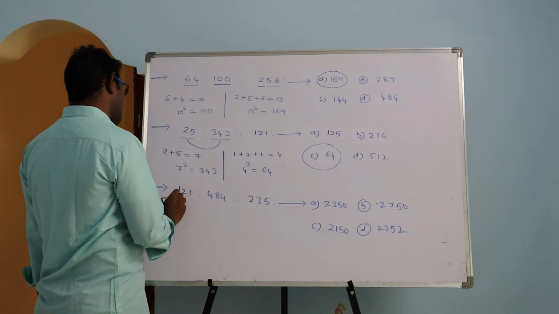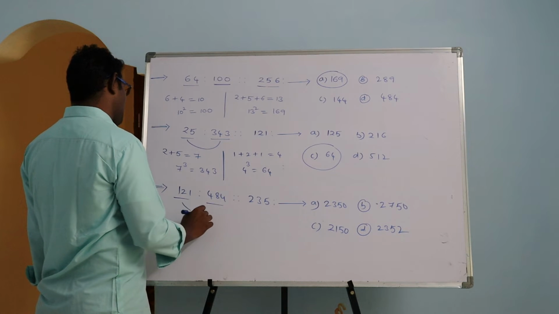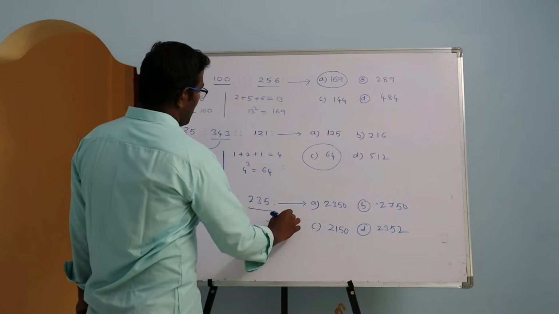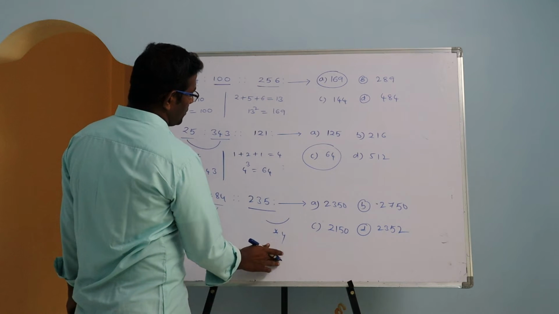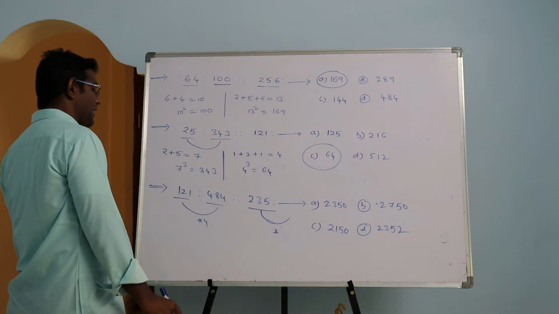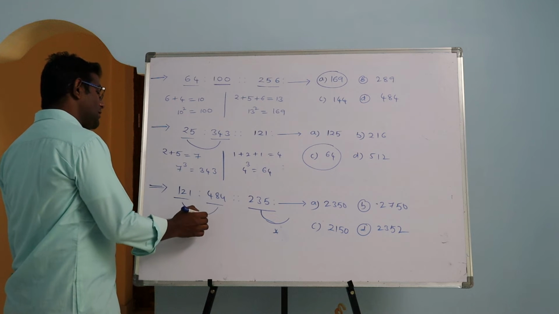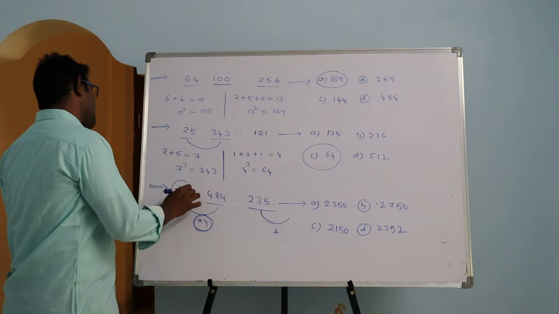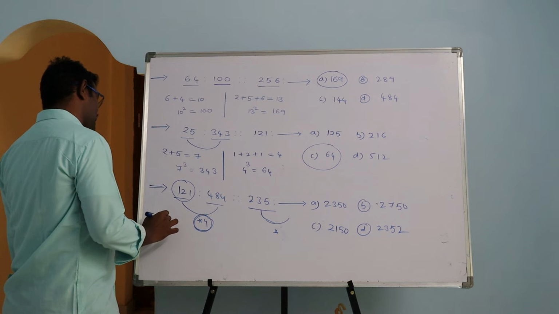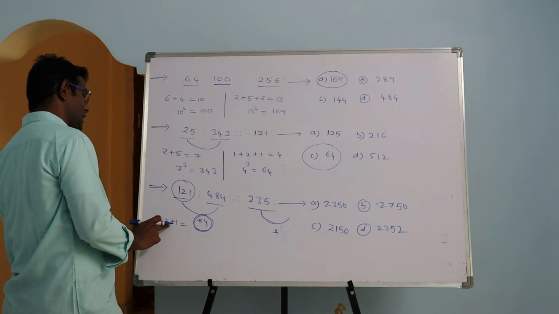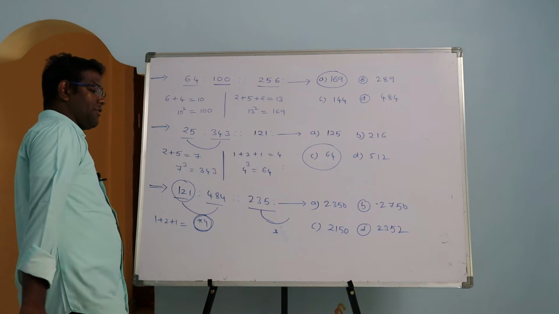What's the relation, sir? 121 and 484, it is multiplied with 4. In the same way here multiplied with 4, your answer goes to 940. Is 940 not there? What's the relation between them, sir? Because it is multiplied with 4, you can observe it, sir. You can split 121: 1 plus 2 plus 1, total is 4, that's why multiplied with 4.